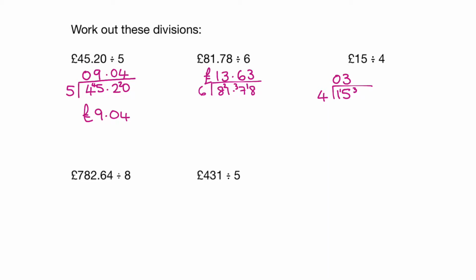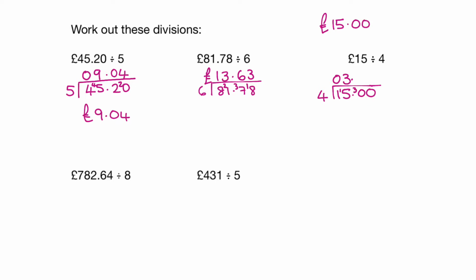So what we do is we just use our smarts a little bit, and we remember that we can write £15 as £15 like that, or like that. So if we put another 2 numbers after the decimal point, then we can carry on with our dividing. We can put our decimal point there, keep them in line, and now how many 4s are in 30?